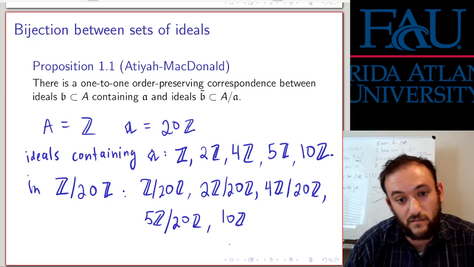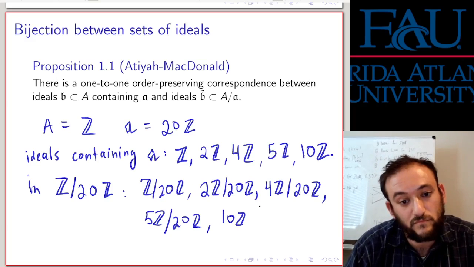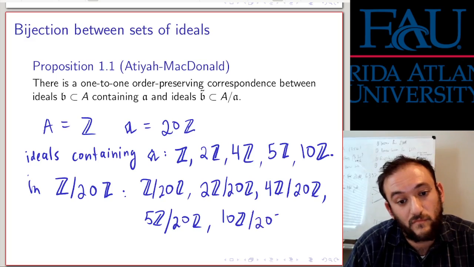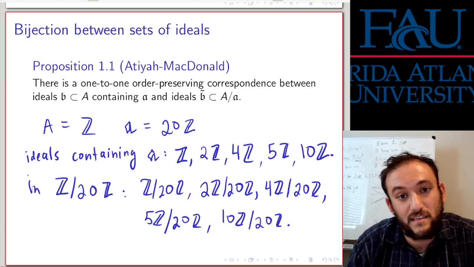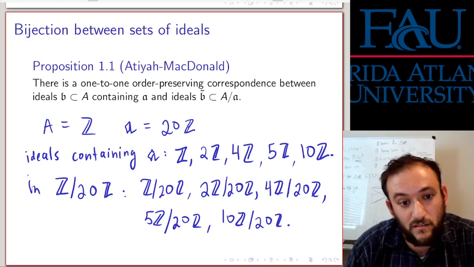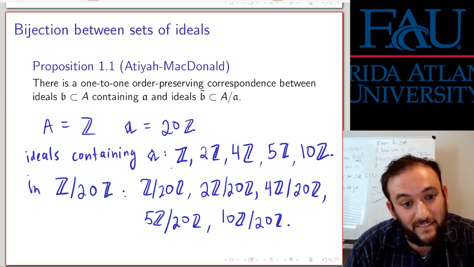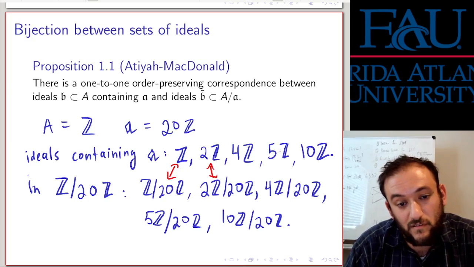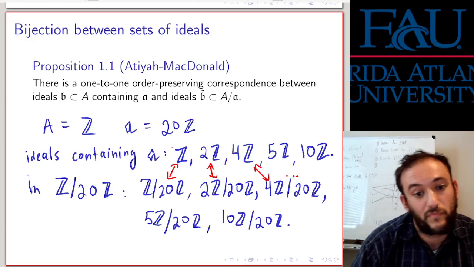So that's just 0 and 10. So as you can see, these are in clear bijection, the ideals containing a and the ideals of the quotient ring. Okay.